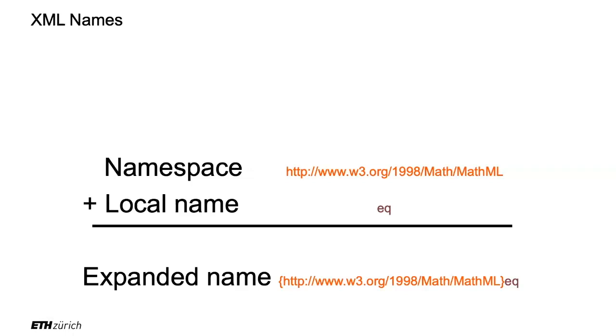So the local name is EQ, and it's living in the namespace MathML, right? So www.w3.org/blah, blah, blah/mathml. Now, if you define your namespaces, you should probably define them with a domain that you own, right? Nobody would prevent you otherwise, but you're basically preventing collision with other people. So you should create namespaces with a domain that belongs to you.